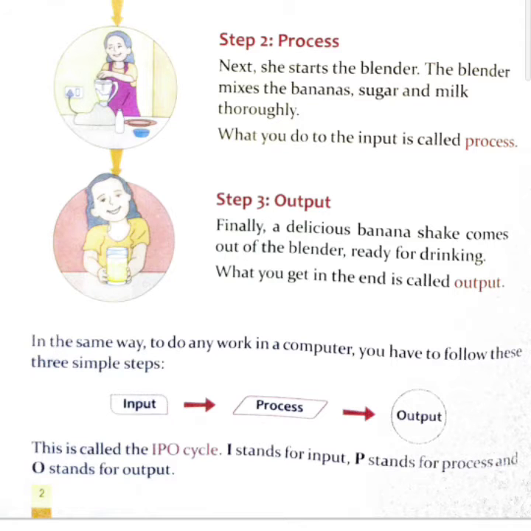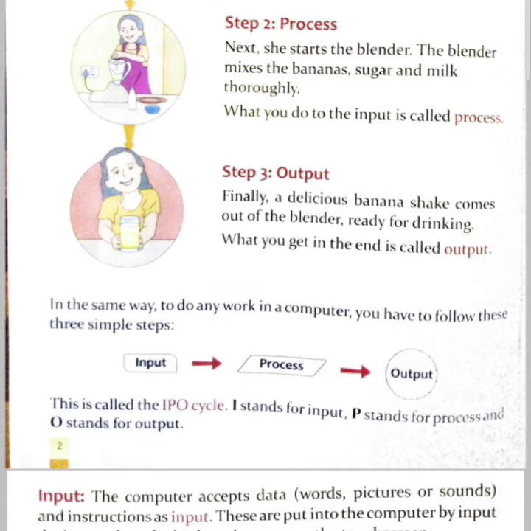When your mother prepares a glass of banana shake for you, she follows 3 main steps. Step 1. Input. First, she puts the peeled bananas, milk and sugar into the blender. Things you put into this system are called inputs.